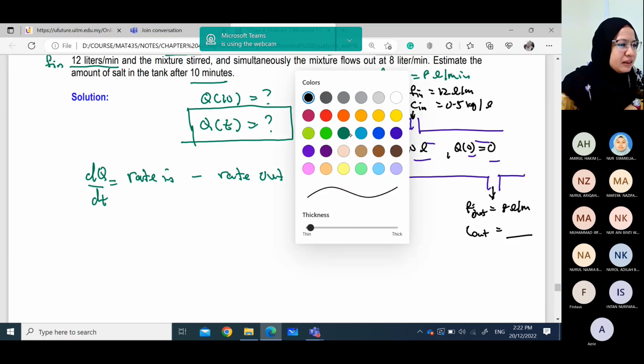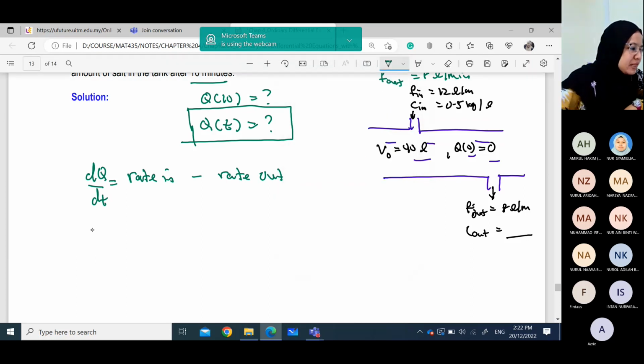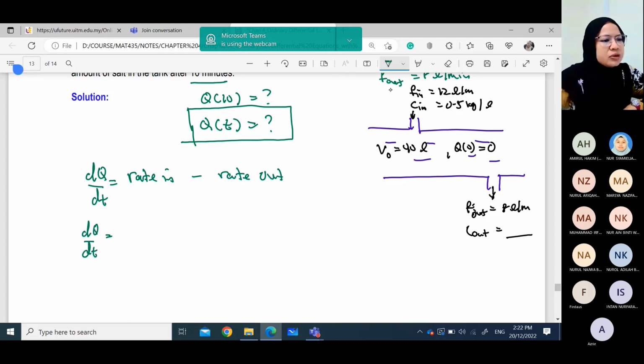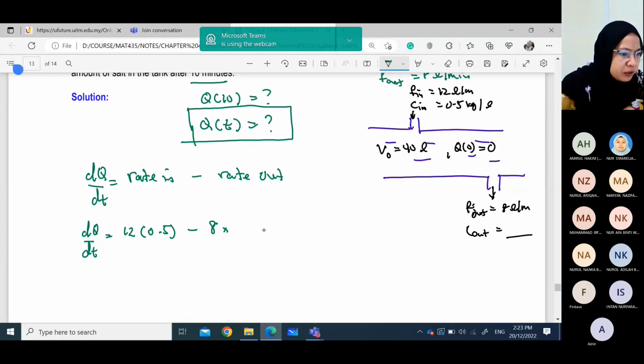Okay, so now kita set up the equation. So the equation here is dQ/dt equal to rate in, which is flow in multiply with C in, 12 times 0.5, minus rate out. So rate out is 8 multiply with Q of T over V naught tadi apa?